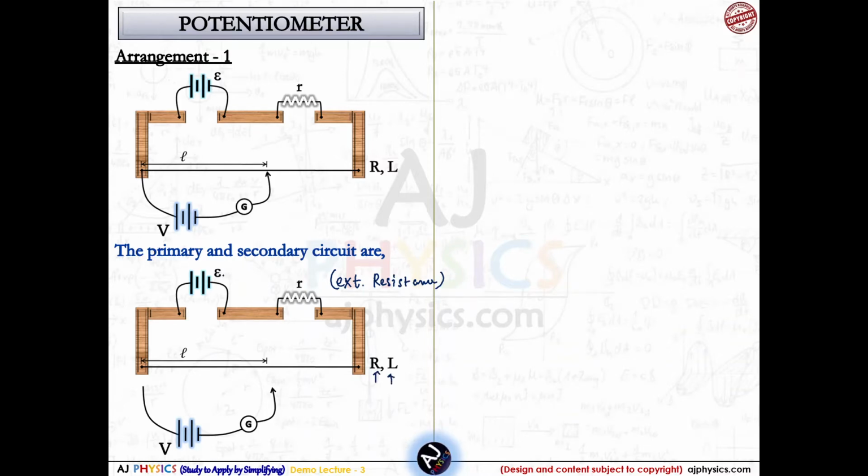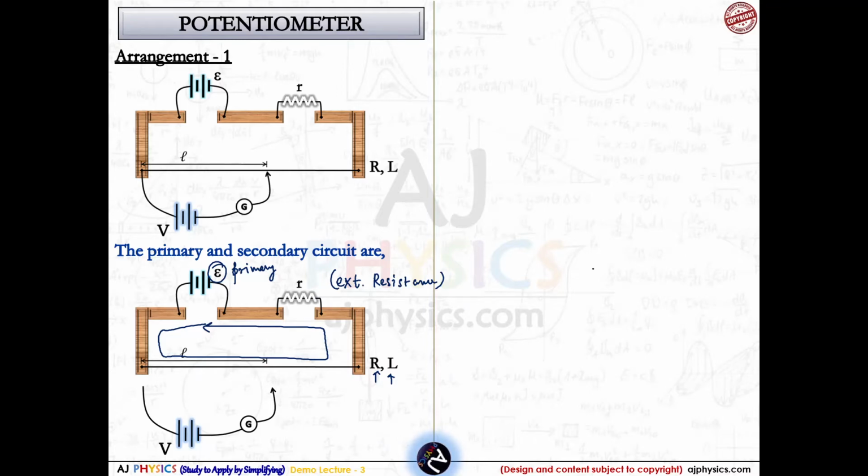The basic thing is, the wire is attached with some battery E. This is the primary voltage. The current is always going to flow throughout the primary circuit, and in this arrangement one there will be no current flowing in the secondary circuit.